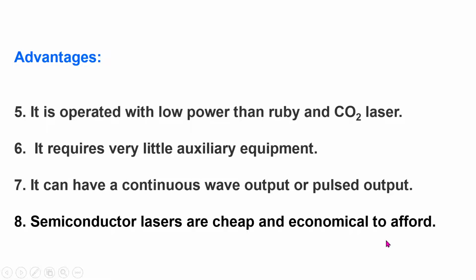The next advantage is that it requires very little auxiliary equipment, so we need only a simple power supply. The next is that it can have a continuous wave output or a pulse output also. So we get both types of output from the laser diode, the continuous wave output and the pulse output.